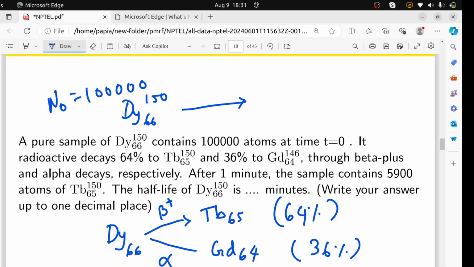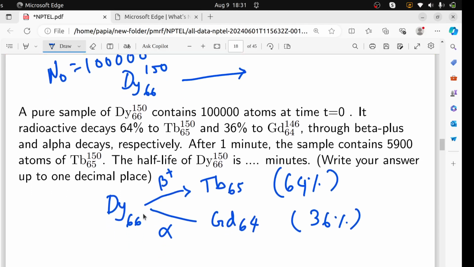After 1 minute, that means t equals to 1 minute, the sample contains 5900 atoms of Tb. Just focus on this line. They are right now telling that the number of Tb is 5900.